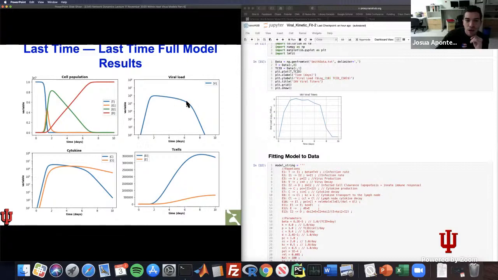But the slow clearance starts deviating away, and you can start to see a rapid clearance coming on as the cells come in. And then as you reach a maximum number of effector cells, you reach your highest clearance rate in this rapid clearance phase.